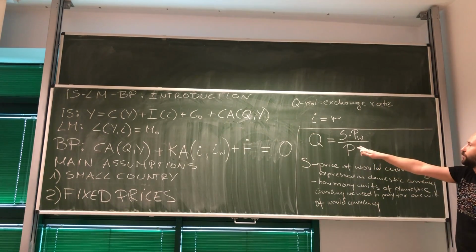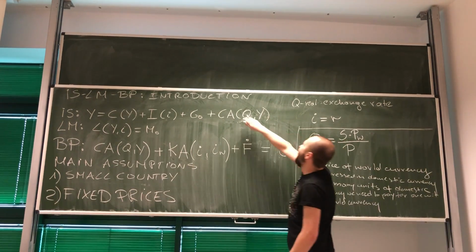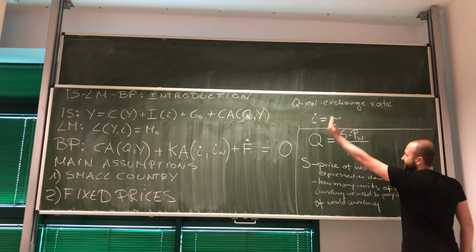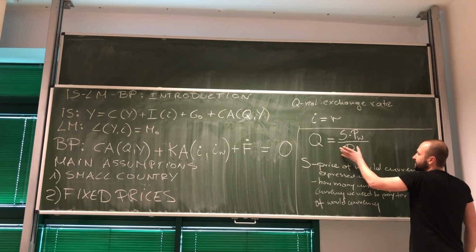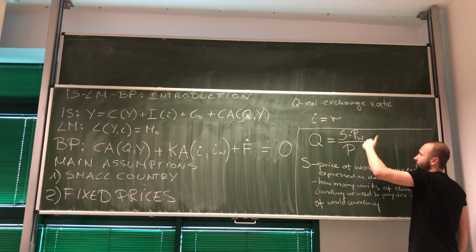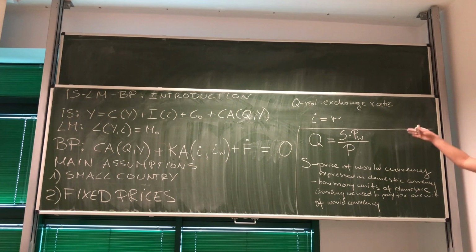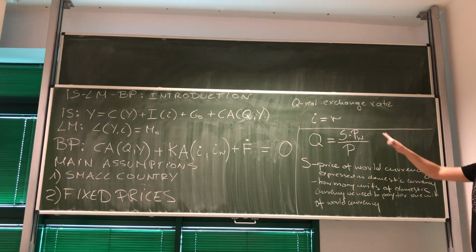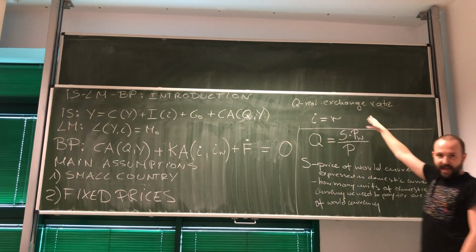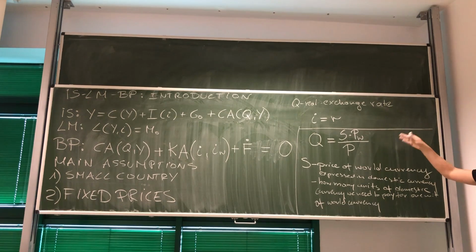And look, this is why we put the Q over here, because if our goods are going to be more competitive, so the Q goes up, right? Because either prices in our country fall or prices in the rest of the world go up, or our exchange rate appreciates, of course it will affect exports and imports. The higher the Q, the more we export, the less we import.